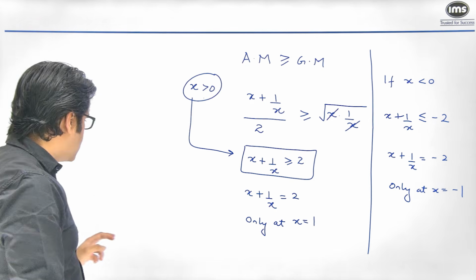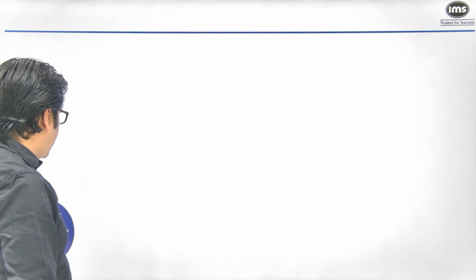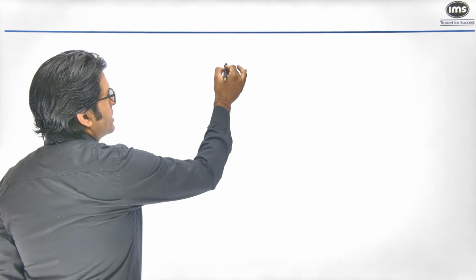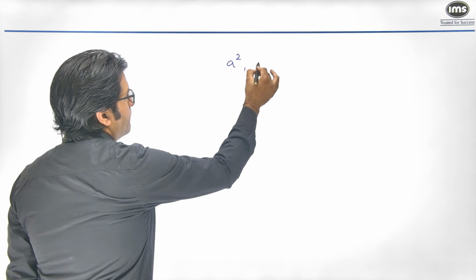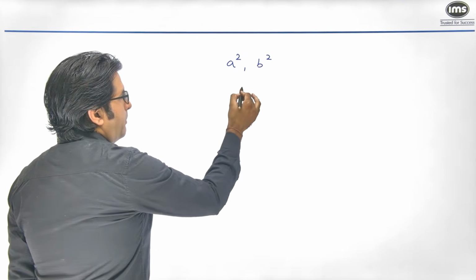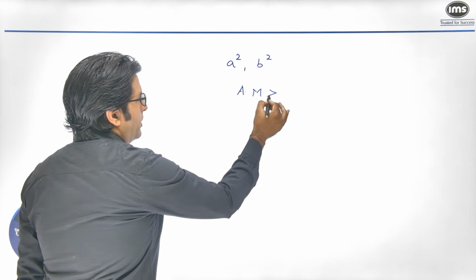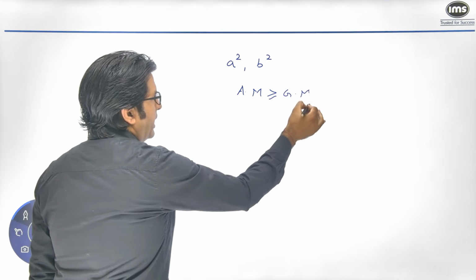So if you remember this, we can move ahead and create variations on the same. When I say variations, think of two numbers which are a square and b square. Can I now apply arithmetic mean greater than or equal to geometric mean, because these numbers are definitely greater than 0?